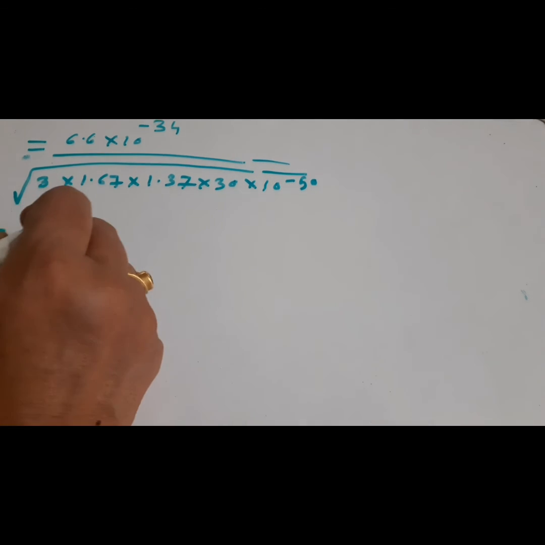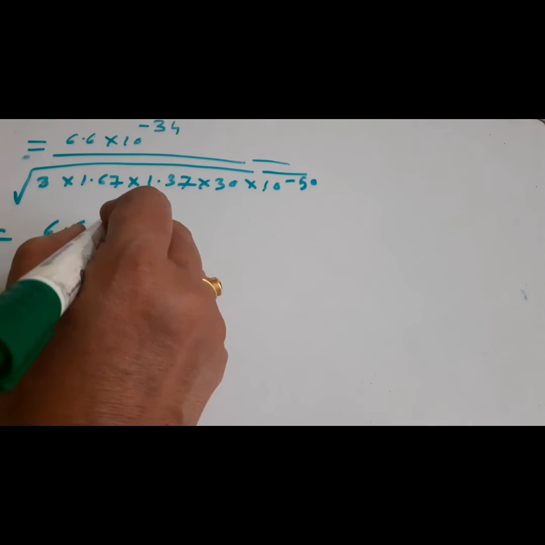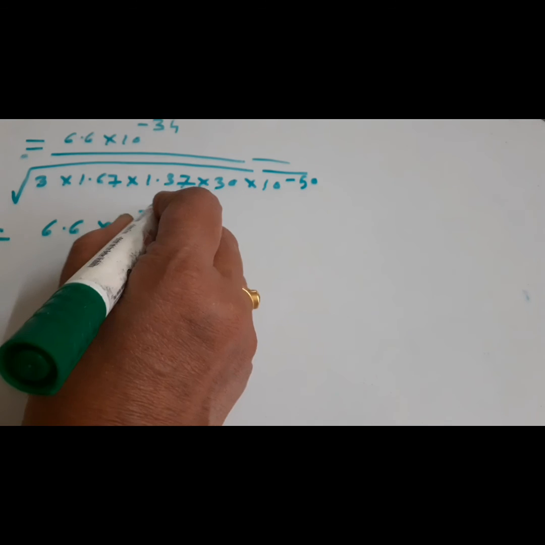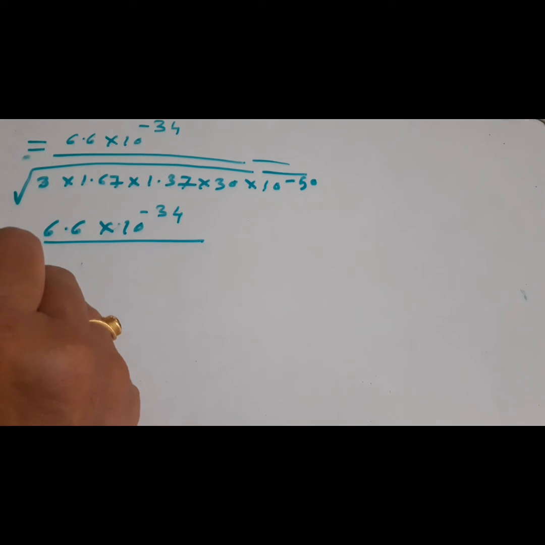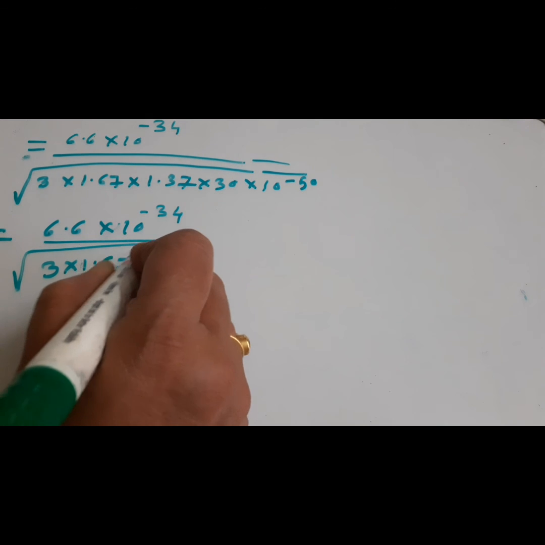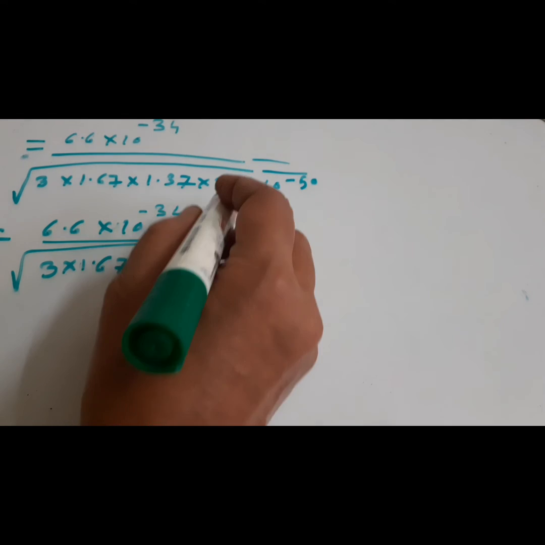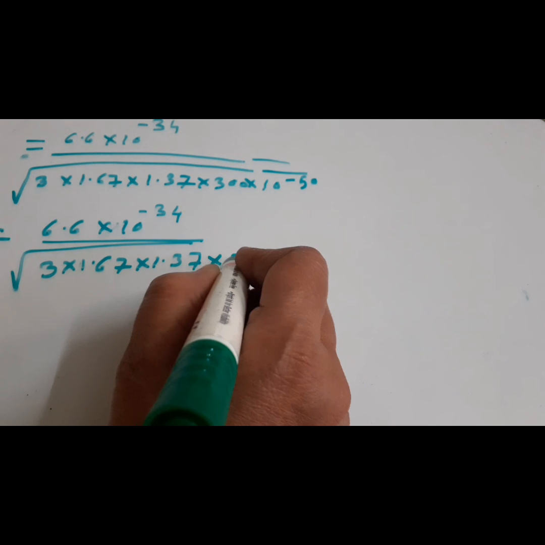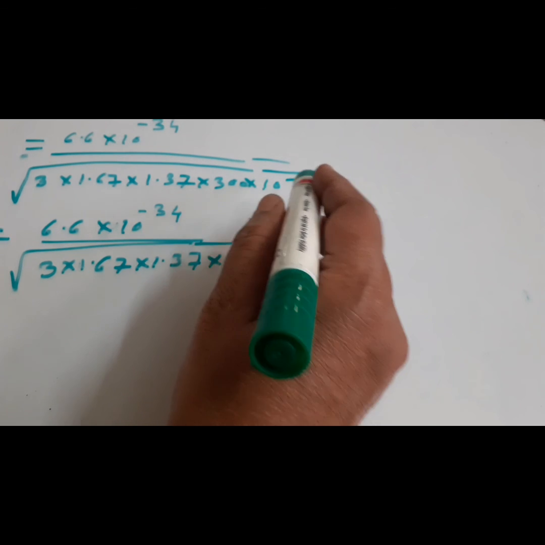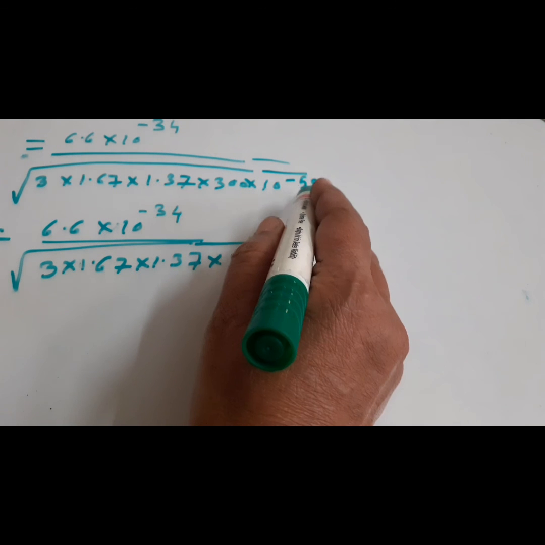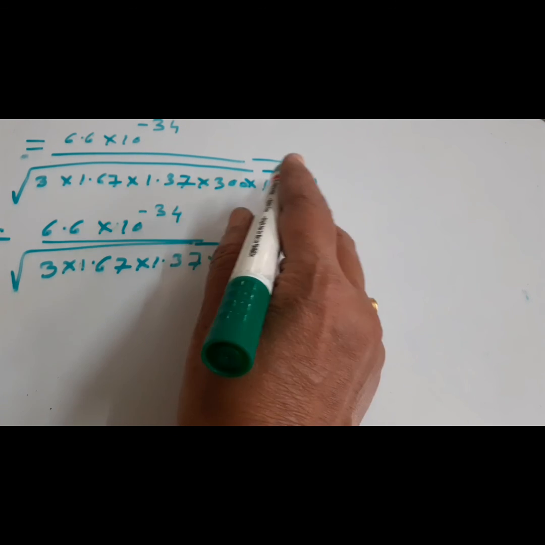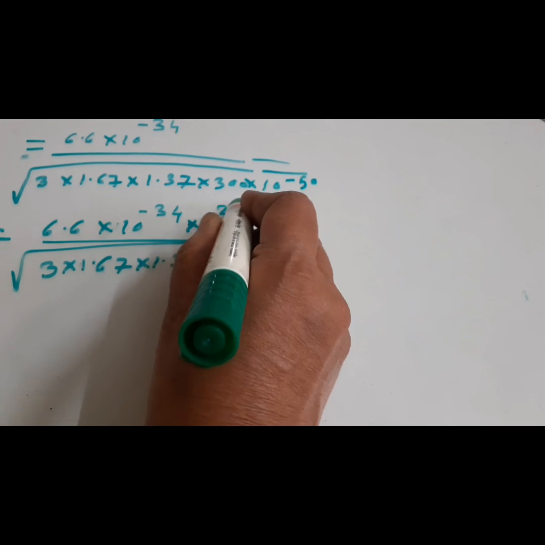Then that is equal to 6.6 into 10 to the power minus 34 divided by under root of 3 into 1.67 into 1.37 into 300, and here under root of 10 to the power minus 50. After the root this is minus 25, and this minus 25 we can take to the upper side, then that is plus 25.